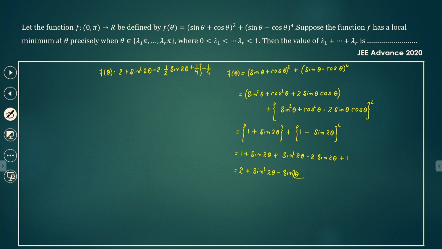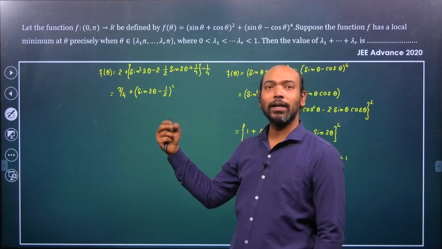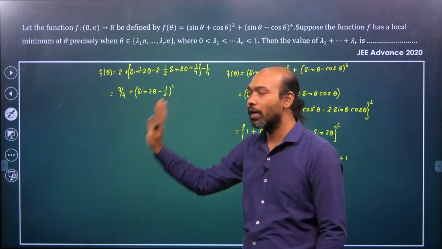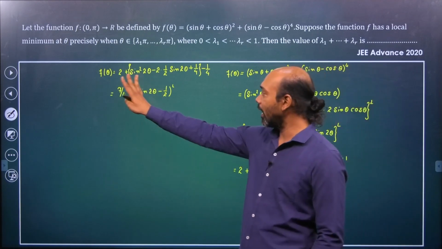Putting together what is inside the bracket, we get 7 by 4 plus (sine 2 theta minus 1 by 2) whole square. How do I write 7 by 4? 2 minus 1 by 4 gives 7 by 4. So that's our f theta.